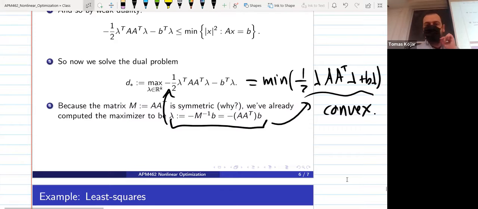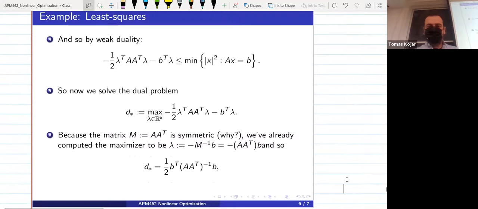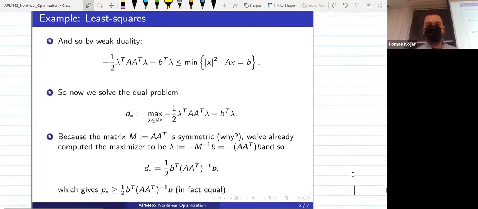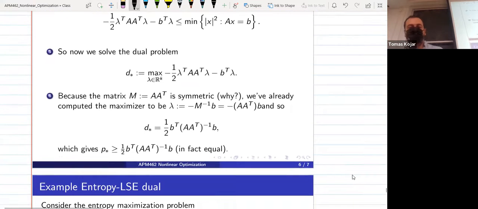All right, good. So you plug it in and you get your D star. And this D star will be a lower bound for the P star. P star is the minimum of x squared given that Ax equals b.